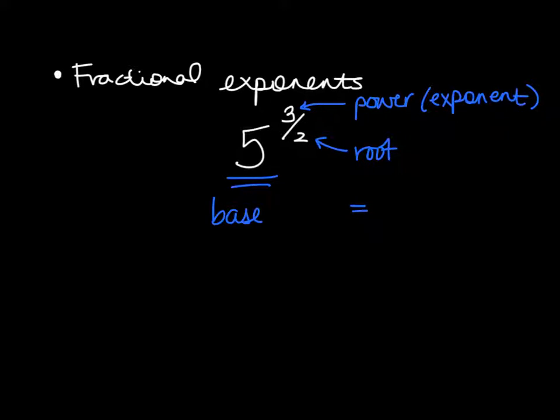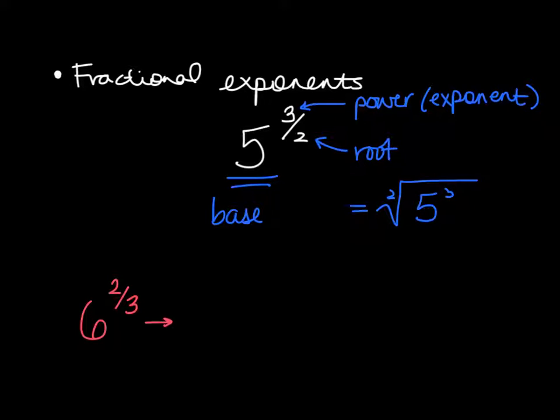So the bottom is the root and the top is the power, which means 5 to the 3/2 power is equal to, the bottom is the root, so a 2, that means I've got a root with the 2 in the corner, or we could say square root, and the top number is the power, which means 5 to the 3rd. If I write another example, let's see if we have 6 to the 2/3.